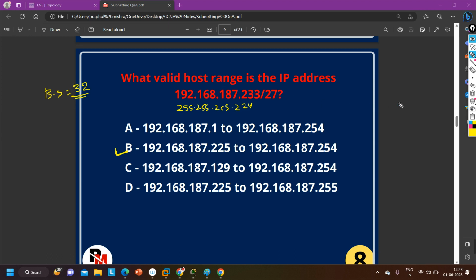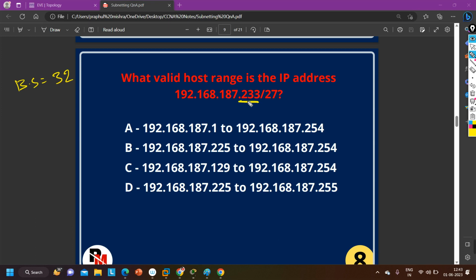So to find the network ID of this IP address, what we can do directly, the block size is 32. We can find the nearest number which is divisible by 32 here. Yes or no? Yes.